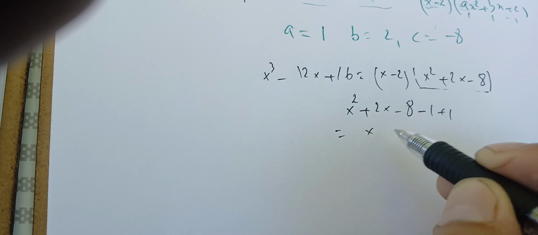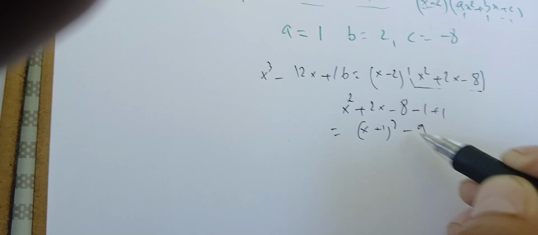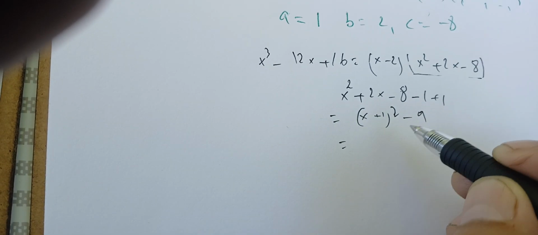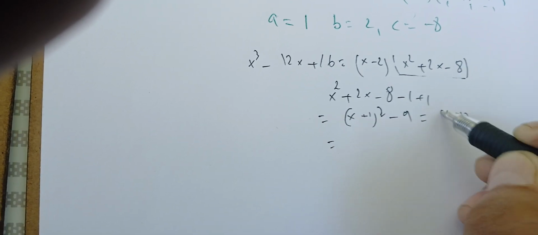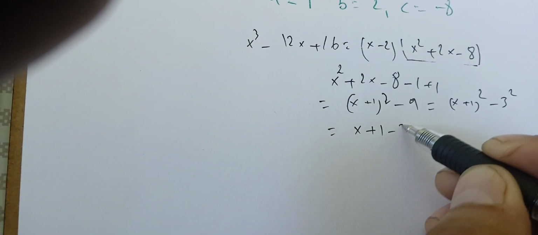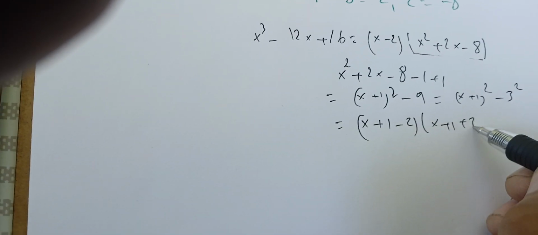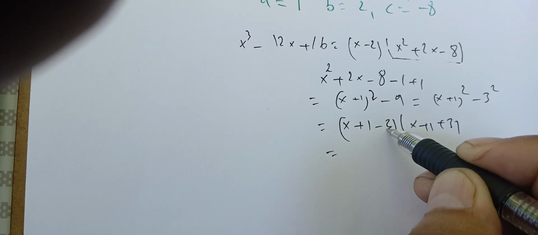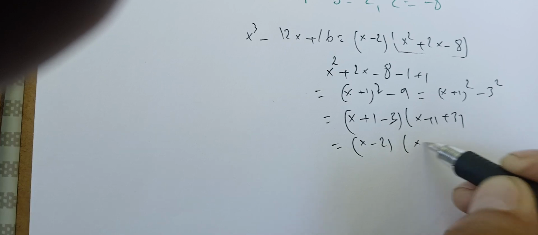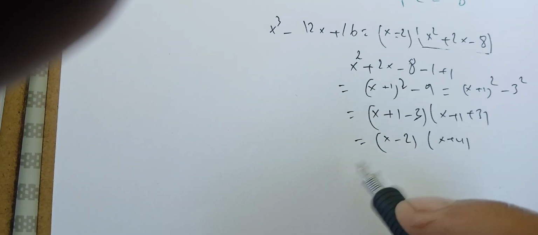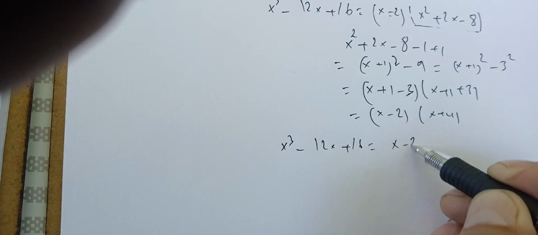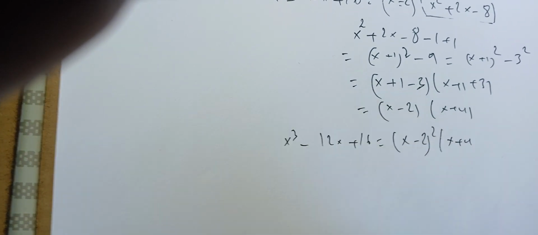I get x plus 1 squared minus 9, and if I factor again, x plus 1 squared minus 3 squared. I'm going to have x plus 1 minus 3 times x plus 1 plus 3, so x minus 2 times x plus 4. Going back, x cubed minus 12x plus 16 is x minus 2 squared times x plus 4.